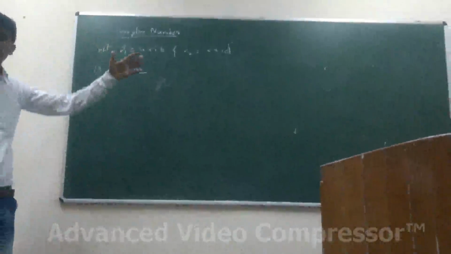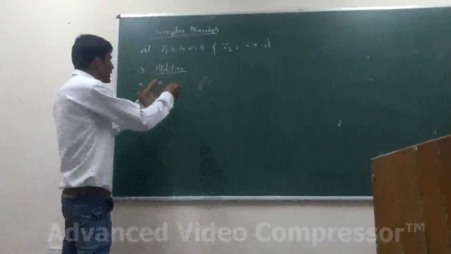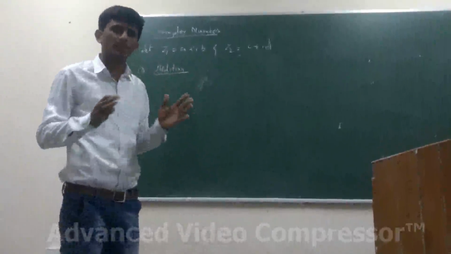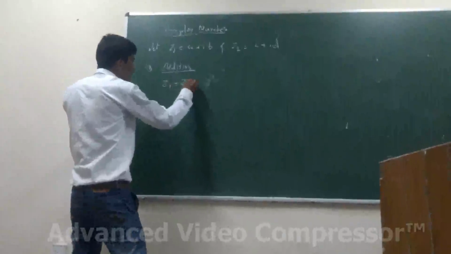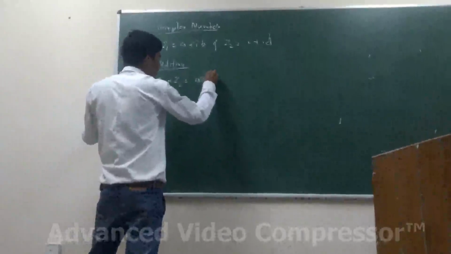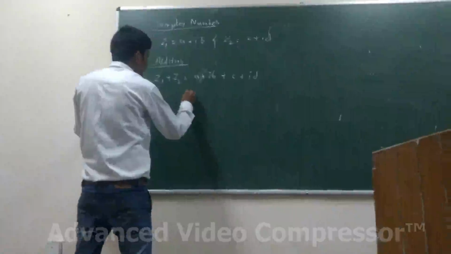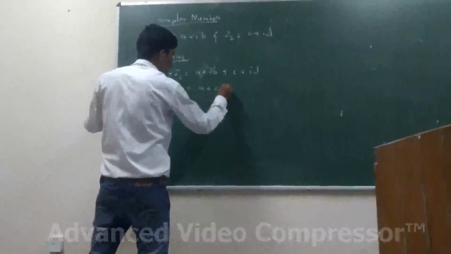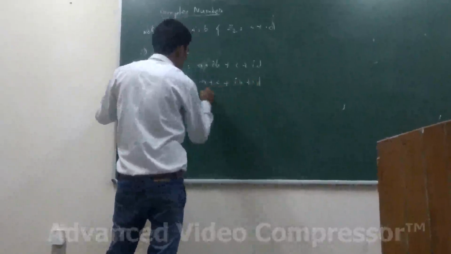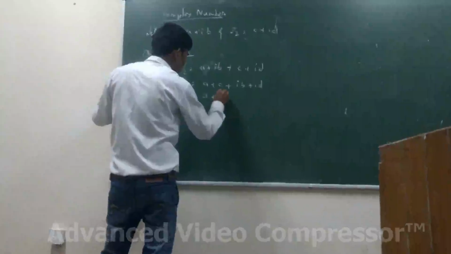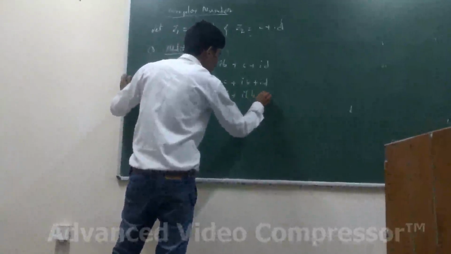Complex numbers are added in the same way as real numbers: real with real and imaginary with imaginary. So z1 plus z2 is equal to a plus iota b plus c plus iota d, which is a plus c plus iota times b plus d.